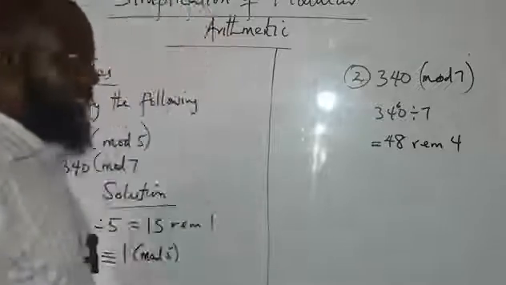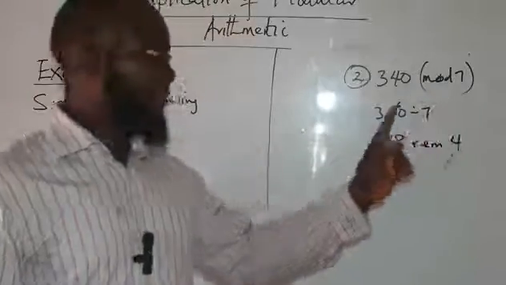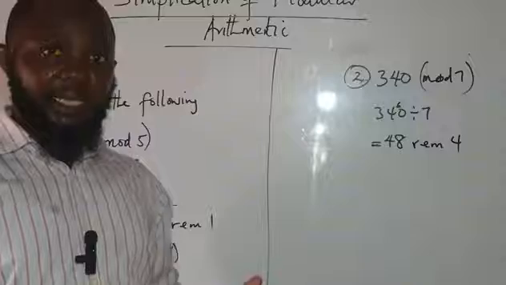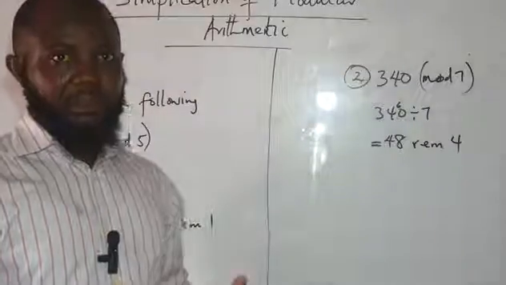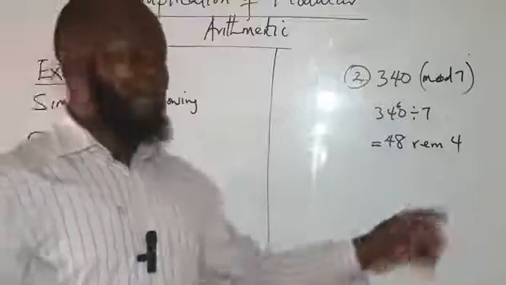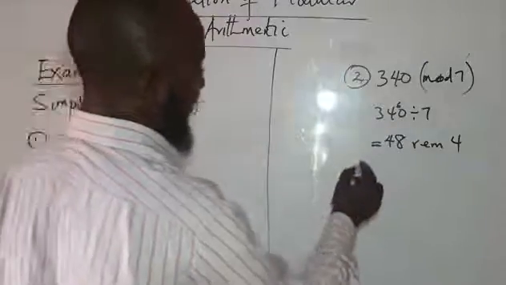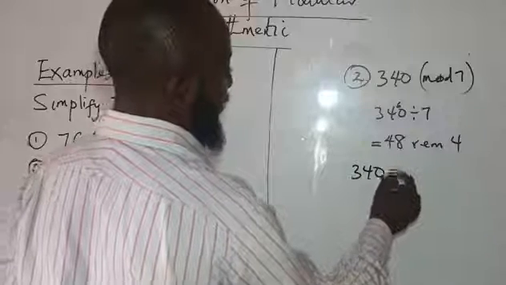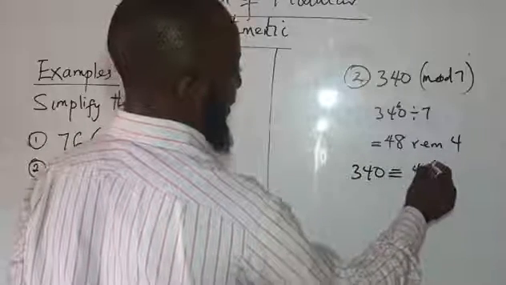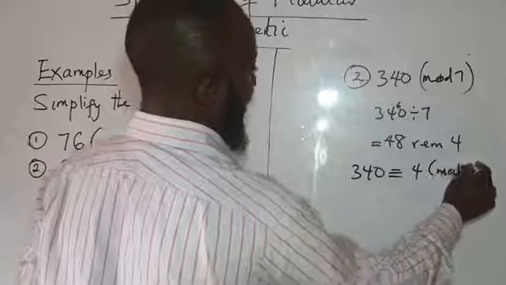You notice that the same thing happened to mode 7 here. We can't get 7 or a number above 7, right? So we have 4 here. That means 340 is equivalent to 4 in mode 7.